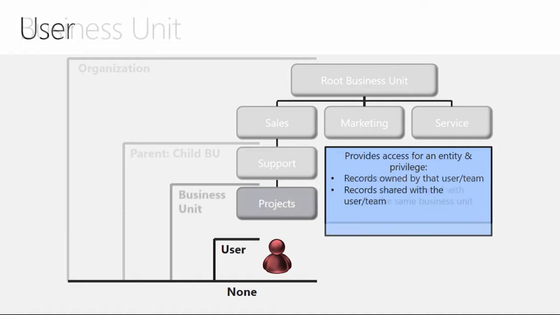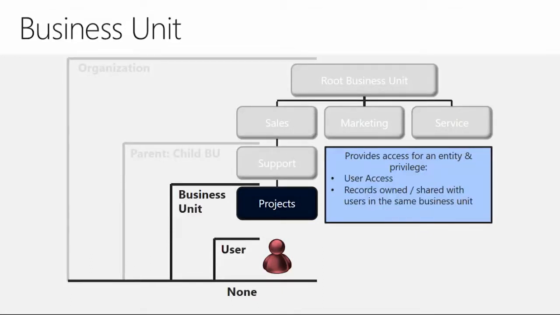Then you get into business unit. Business unit says basically you have all of the same access levels from a user access standpoint, but it also allows you to work with records that are owned or shared with users in your same business unit.